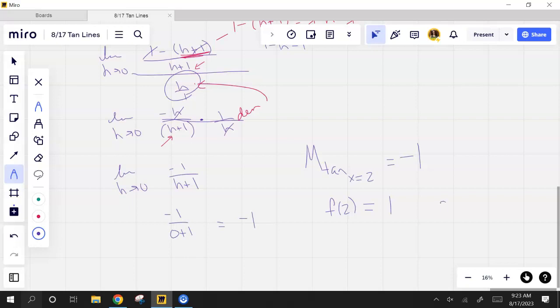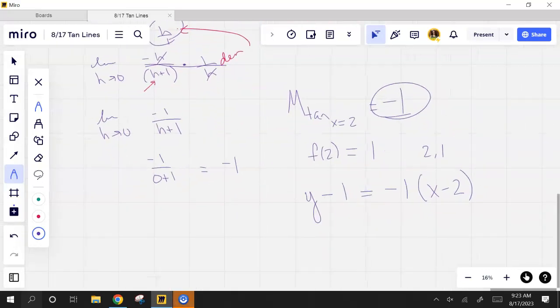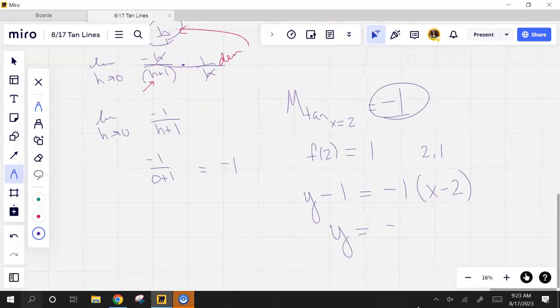So your point here is 2, 1, and your slope, so y minus y1 equals slope times x minus x1. And just throw that 1 over on the other side.